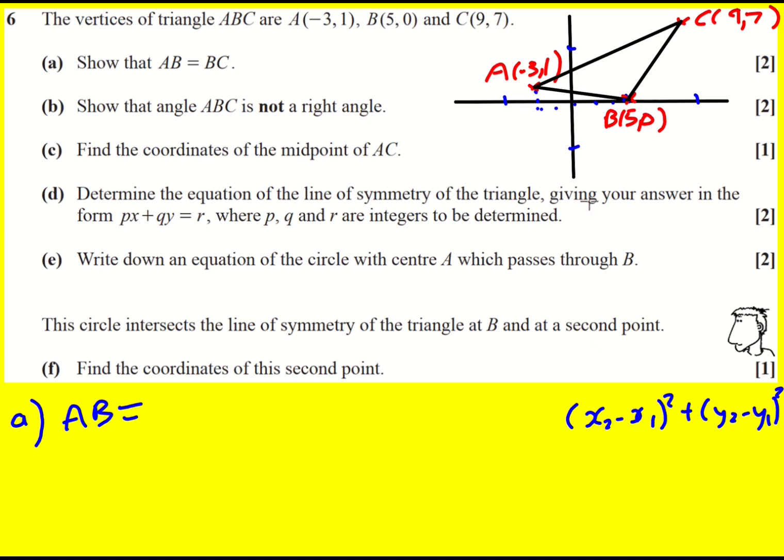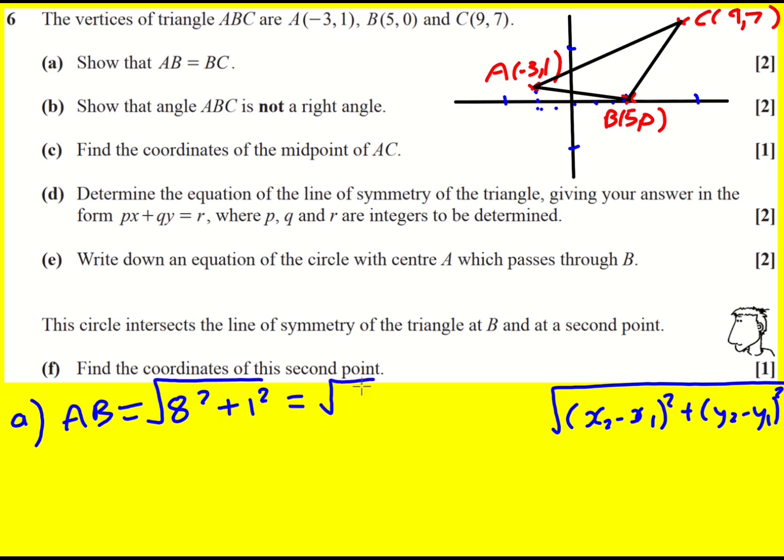So I'm just finding the difference in the x's. That will tell me the base of the triangle, squaring it, and find the difference of the y's, squaring it. It's a squared plus b squared equals c squared then. So the difference between -3 and 5 is sometimes easy to just read straight off. It's going to be 8, and then from 1 to 0 is going to be 1.